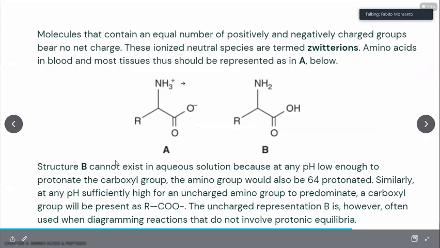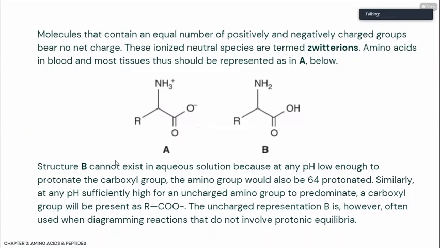It has two charges, positive charge and negative charge. And you call that dipolar ion. Dipolar ion, or the term zwitterion. Zwitter is a German word for two.